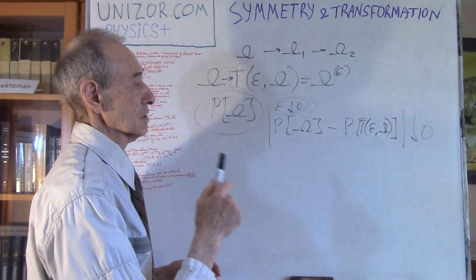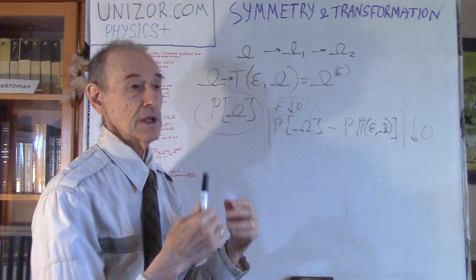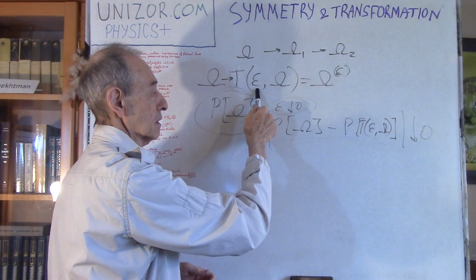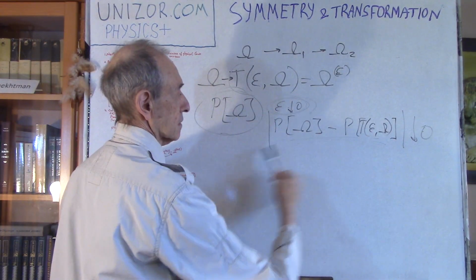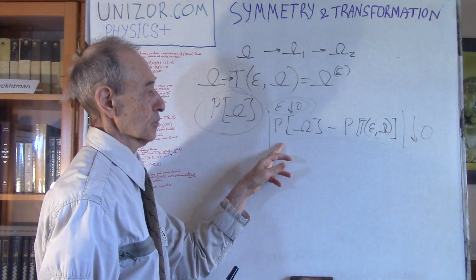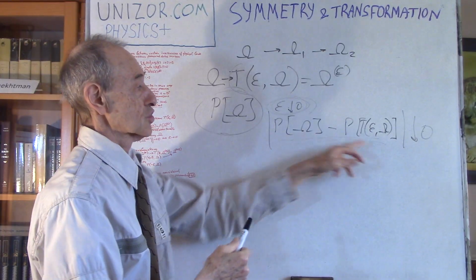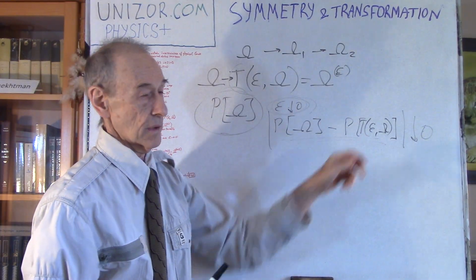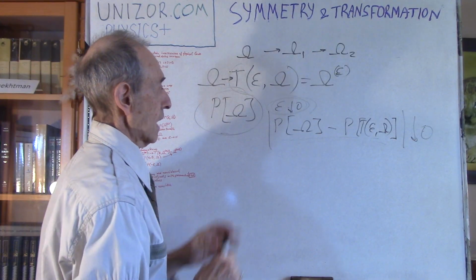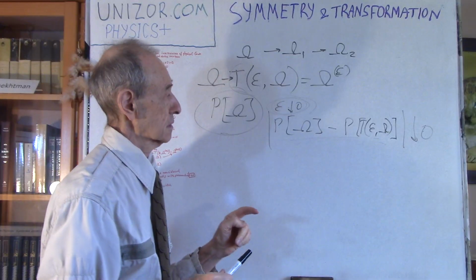Continuous transformation changes the particular property a little bit if it's a small transformation. Small transformation is a small epsilon, and obviously the difference between the property of the object and the property of its image after the transformation should also be infinitesimal if epsilon is.